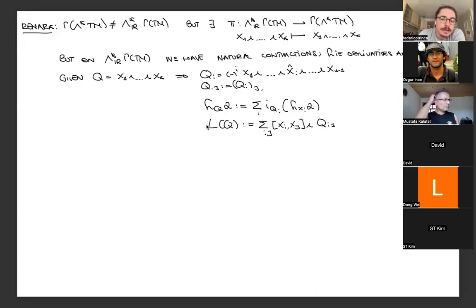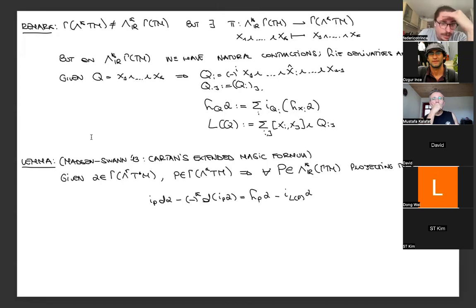And I can also define essentially a Lie bracket by this formula here. So this is nothing crazy. It's just the natural extension of the Lie derivative and the Lie bracket in this context.